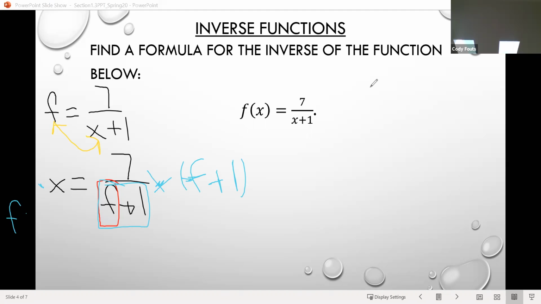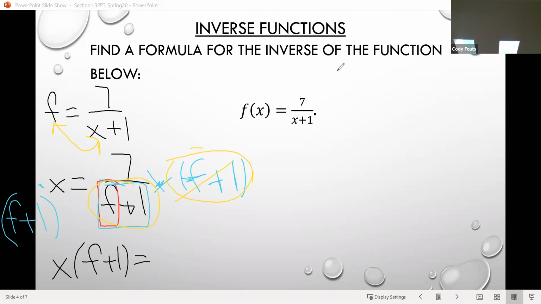And so what we end up with after that is x times f plus 1 equals, over on the right hand side, we have f plus 1 in the denominator and f plus 1 up here, so those two cancel out. So we'll just have equals 7.